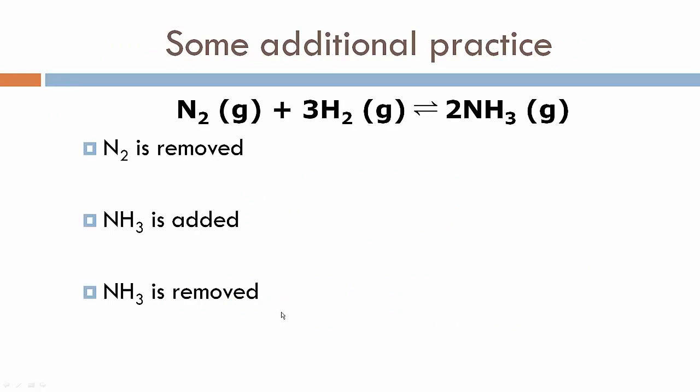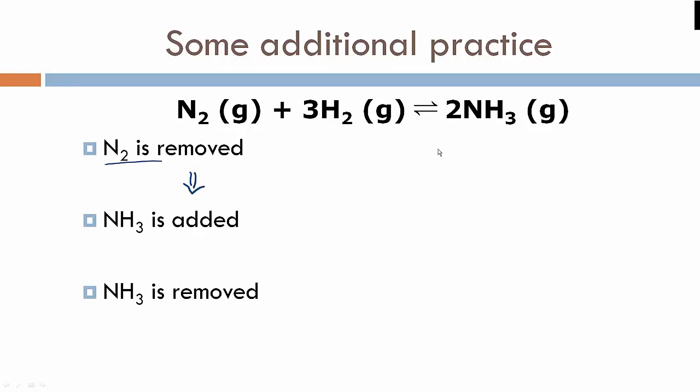We'll stop and do a real quick quiz here. So the first question says, N2 is removed. So try to predict the direction of the shift, and the change in composition as a result of the direction of the shift. Okay? So hopefully you came up with N2 is removed, so that's this.